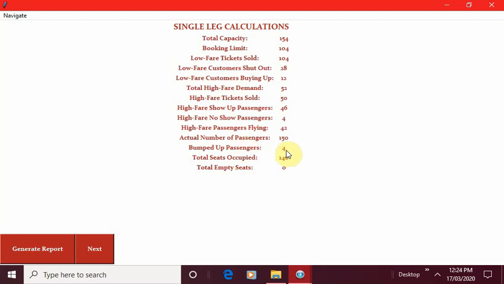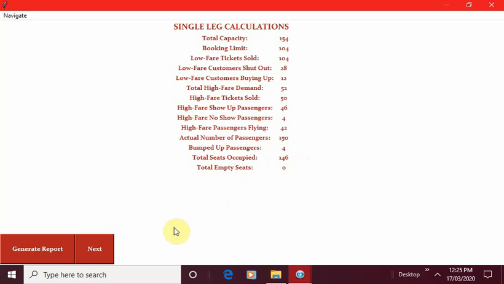Bumped up passengers were 4 because they could not be accommodated, because only 42 can fly on the high fare tickets. 104 were already sold, so 104 plus 42 is 146. So the total seats occupied on this aircraft is 146, that's the original capacity. Total empty seats is 0. Now this is for the 1st of April.